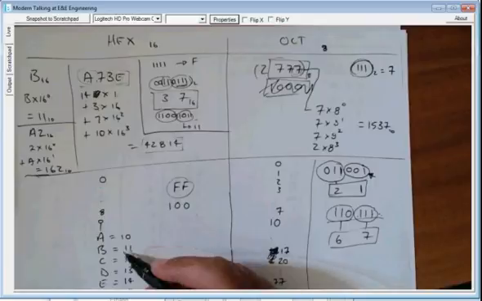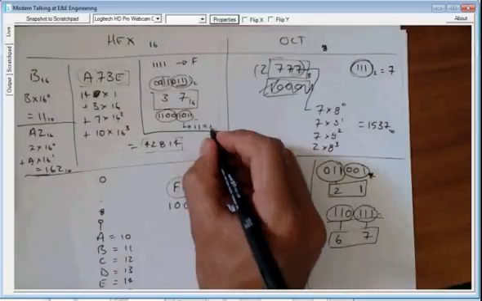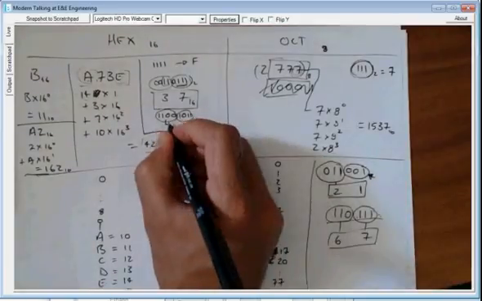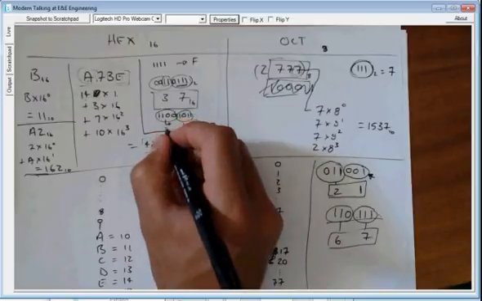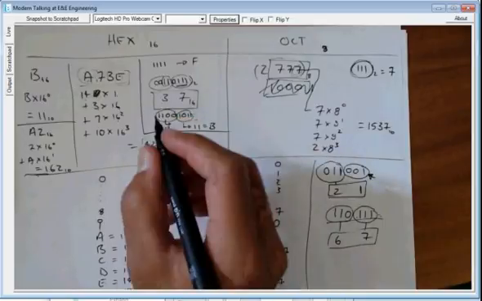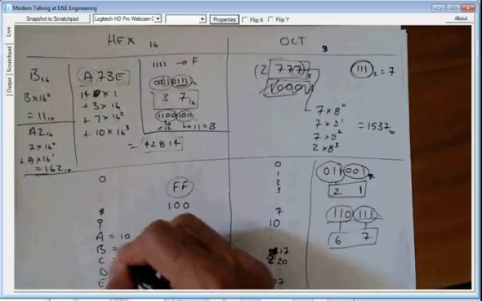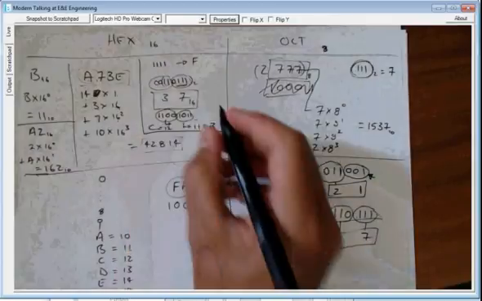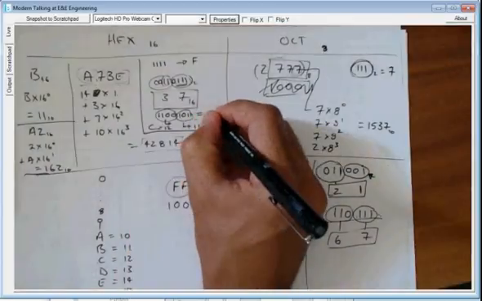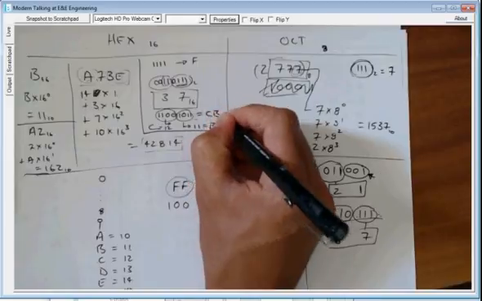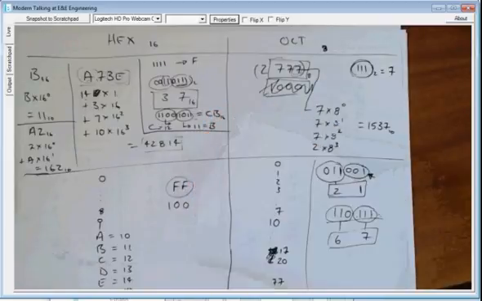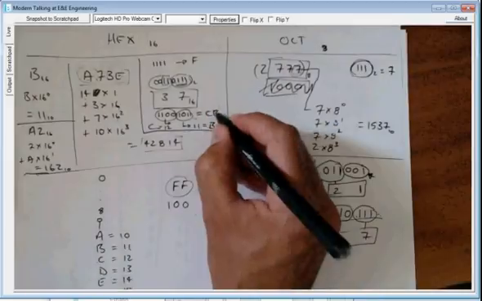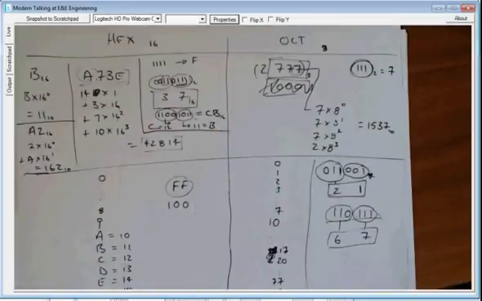Ooh, let's go and look. 11 in hexadecimal is equal to B. And this here, it's 4 plus 8 is equal to 12. What is 12 in hexadecimal? It's equal to C. So this thing is equal to CB in hexadecimal. And then you can also calculate the equivalent decimal if you wanted to. Right, I hope that makes sense.